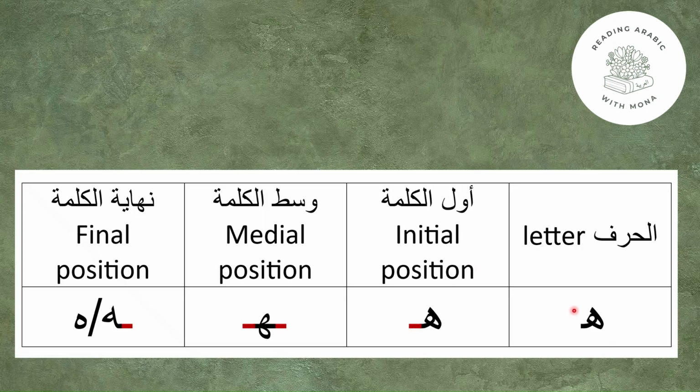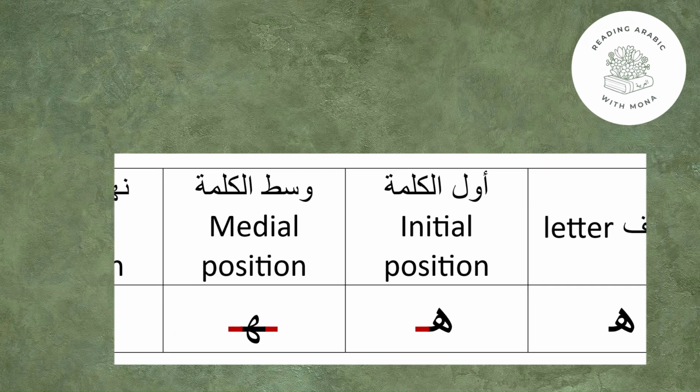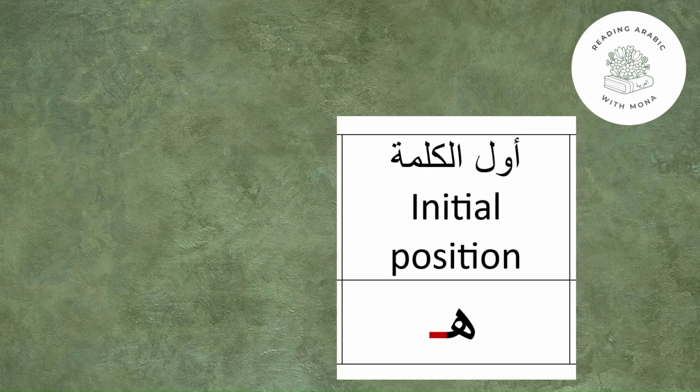Here, as we can see, this is the isolated form of the letter Ha. And let's take a look at the initial position of the letter Ha. This is the shape of the letter Ha. Now, if you notice, we did not change anything.